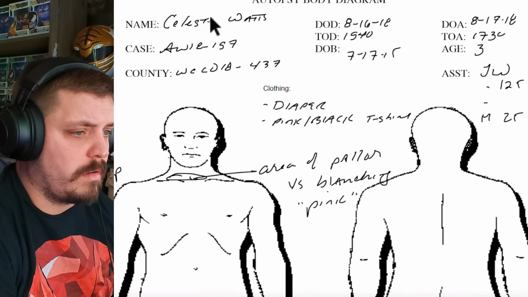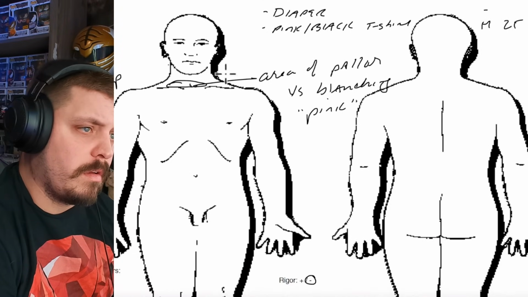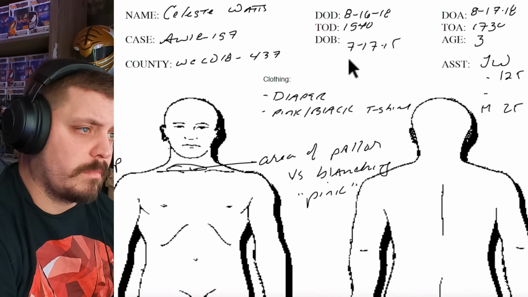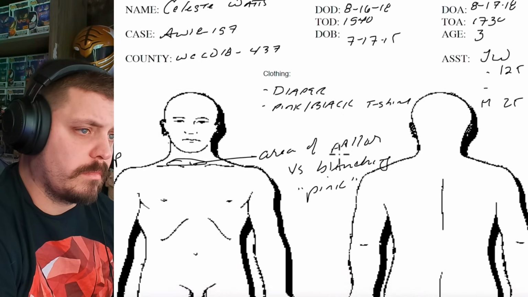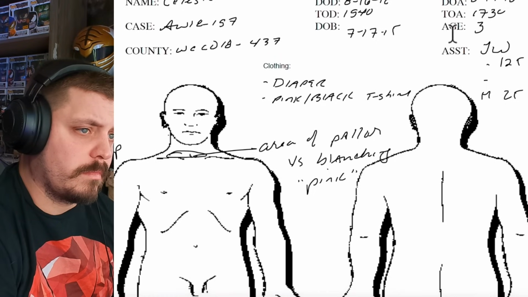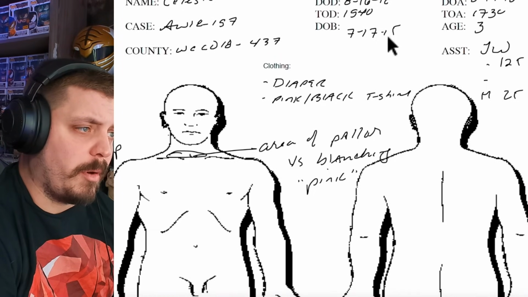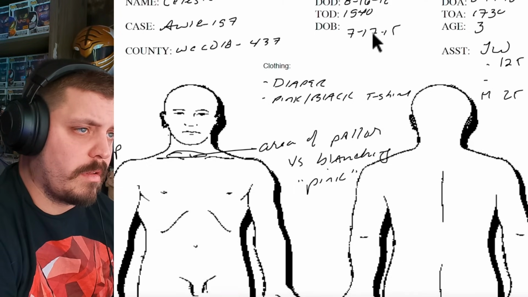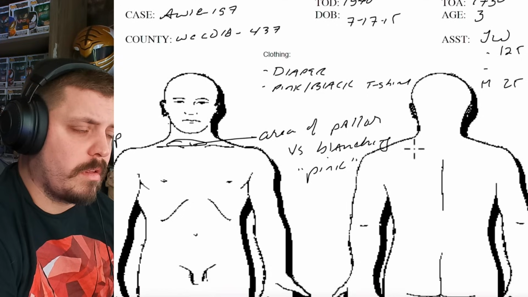Again, we see the diagram that the forensic pathologist would have done at the time of her autopsy. They would have noted the clothing that she wore, and all the basic information. Date of birth was 17th of July 2015.